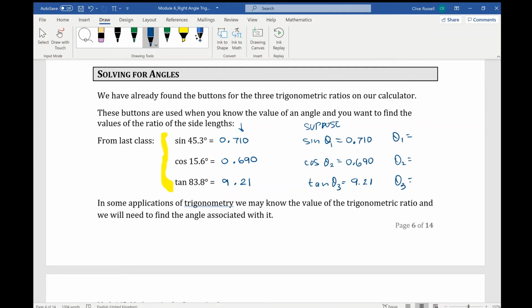So we want to find what they are. So what do we do?